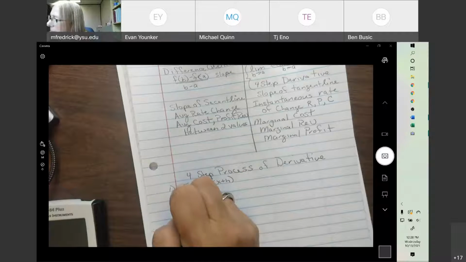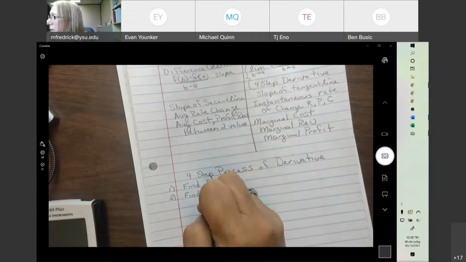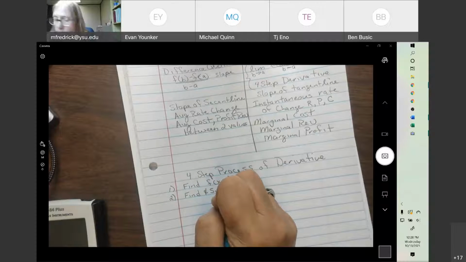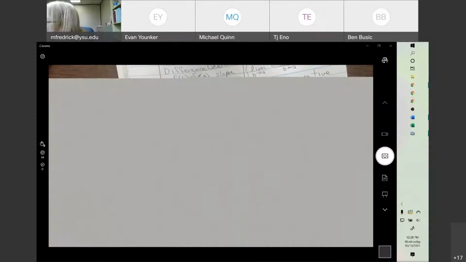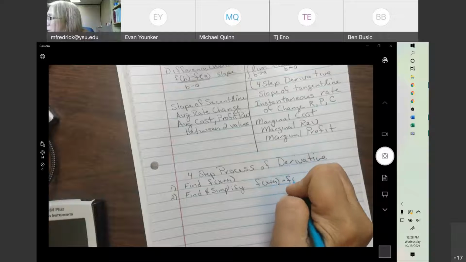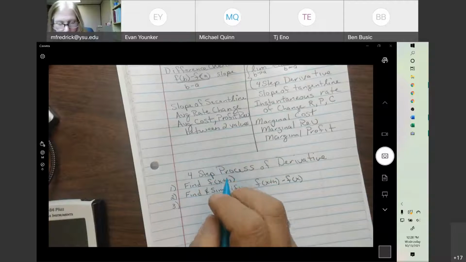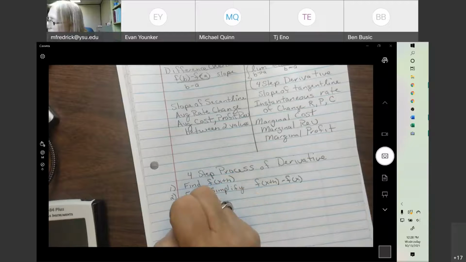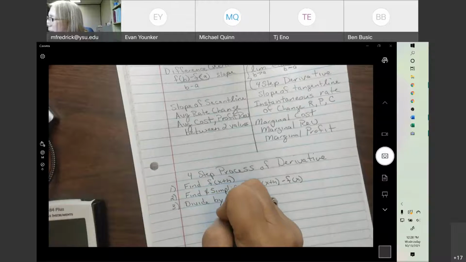Second thing, find and simplify f of x plus h minus f of x. Next, divide by h.